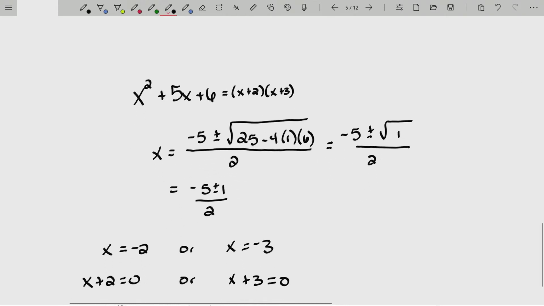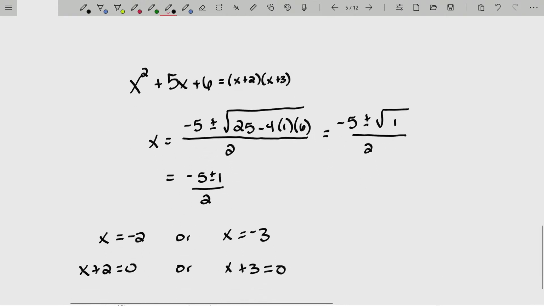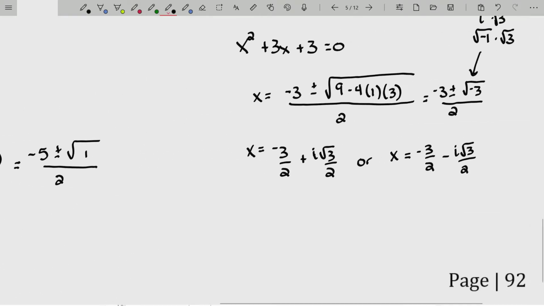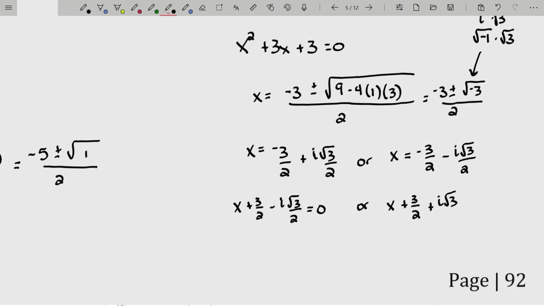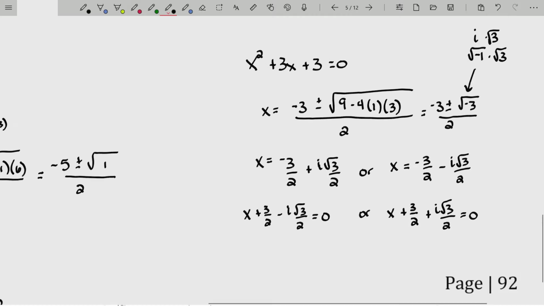Moving everything to the left-hand side, just like we did over here, we will get our factors. So adding 3 halves to both sides and subtracting i root 3 over 2 from both sides, you get your first factor. Again, adding 3 halves, and now adding i root 3 over 2, you get your second factor.